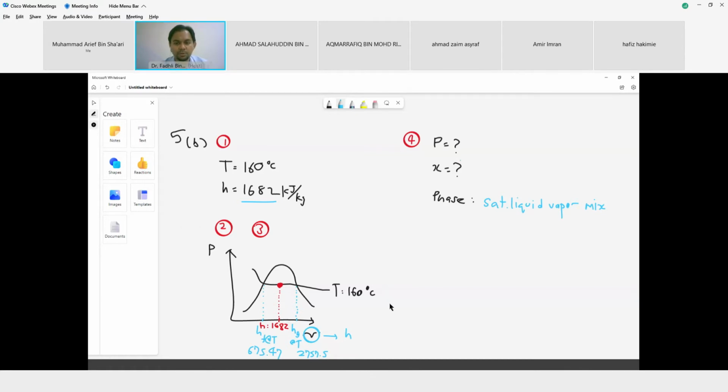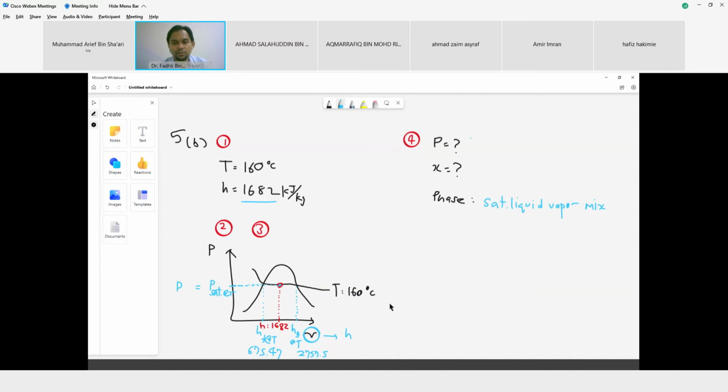What next? Pressure. We can find pressure because if we draw a horizontal line, since here is the point, draw a horizontal line to the pressure axis. So the pressure at this point is P sat, saturation pressure at the given temperature. So this value is actually the same as the pressure that we need to find.